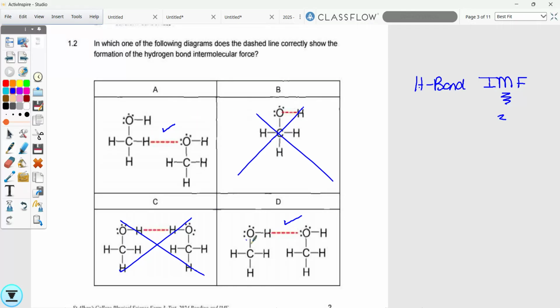But now we need to decide. So these 2, there's always 2 that are going to confuse you. So it's these 2 this time. This is between a hydrogen and oxygen, and this is between a hydrogen and oxygen. But why is that first one not right? Why is A not right? Because oxygen's valence shell is full.